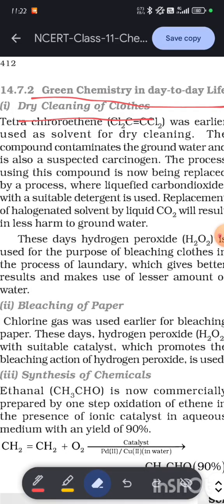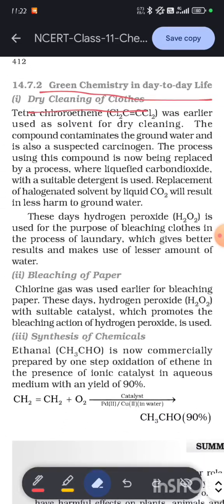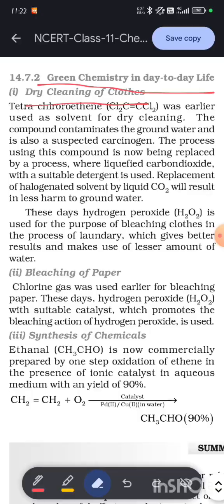The process using the compound is now being replaced by a process where liquefied carbon dioxide with a suitable detergent is used. Replacement of halogenated solvent by liquid CO2 will result in less harm to groundwater.